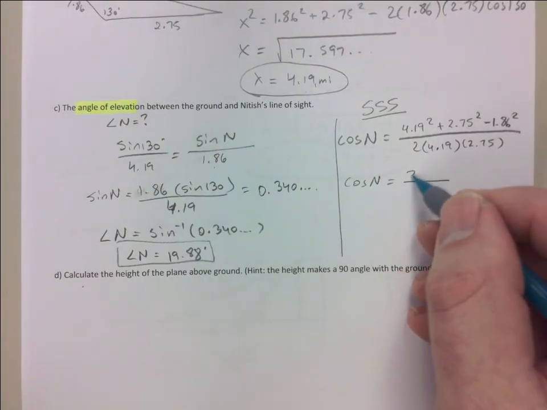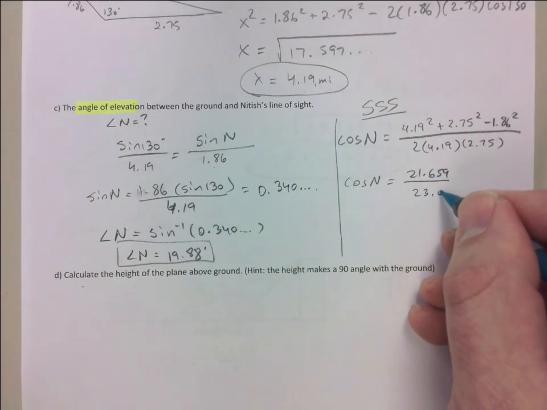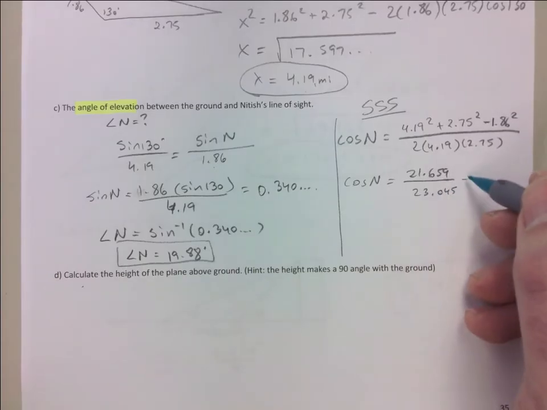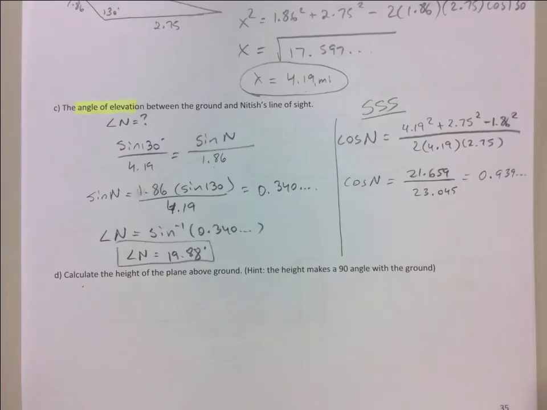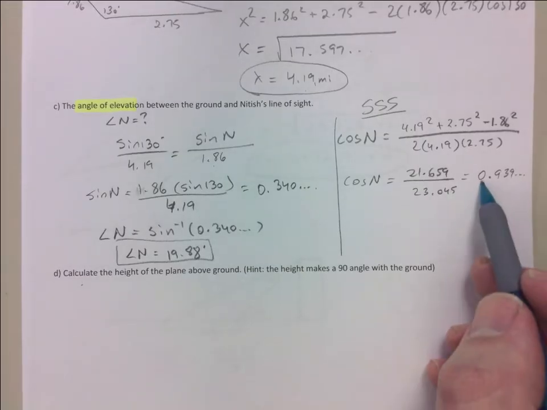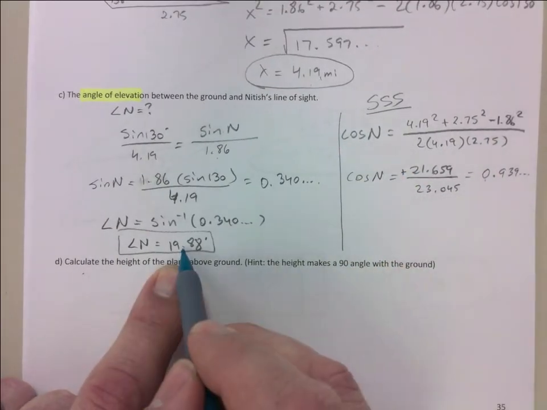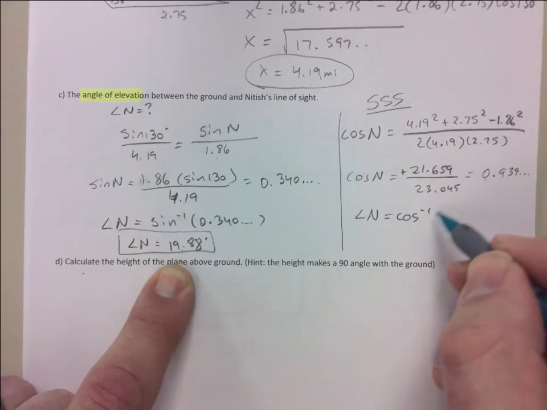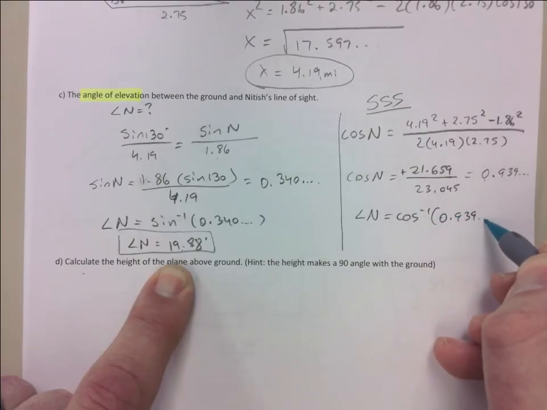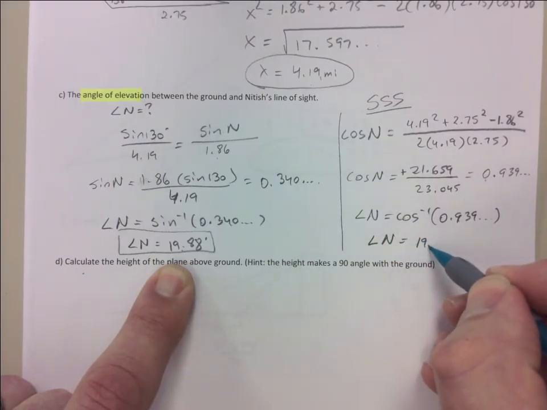You get 21.659 and 23.045. That's 0.939 something. What kind of angle will this be? This is positive, so it will be acute. We already know that, but this is just to make note of that. Angle N is 19.97.